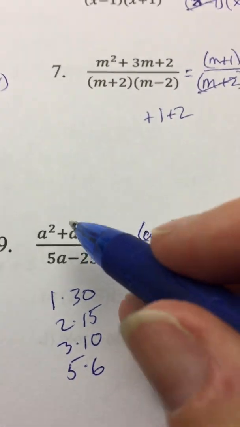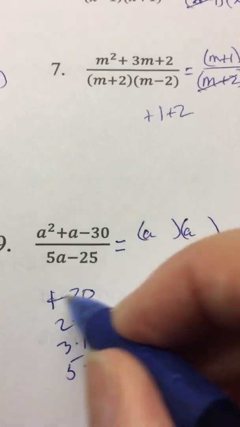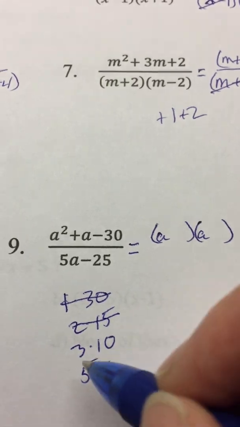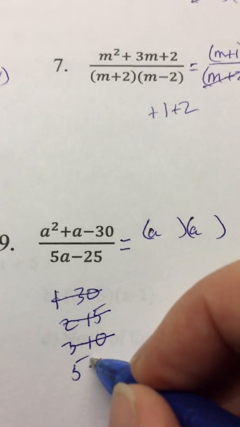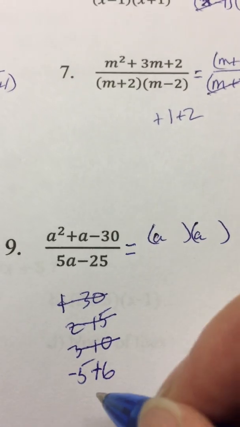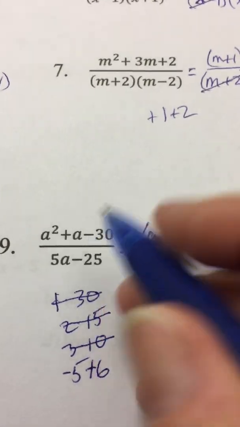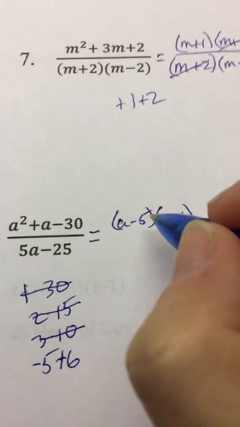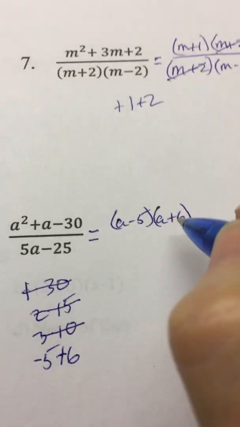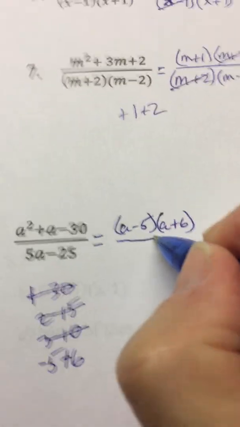And I want a 1 because there's a 1 in front of this. So that gives me 31 and 29, 17 and 13, 13 and 7. Ooh, if I subtract these, I get a 1. So if I make this one positive and this one negative, check it with the calculator, negative 5 plus 6, I get a positive 1. So this is minus 5 and plus 6. And if I multiply them together, negative 5 times 6 is a negative 30, so that does work.